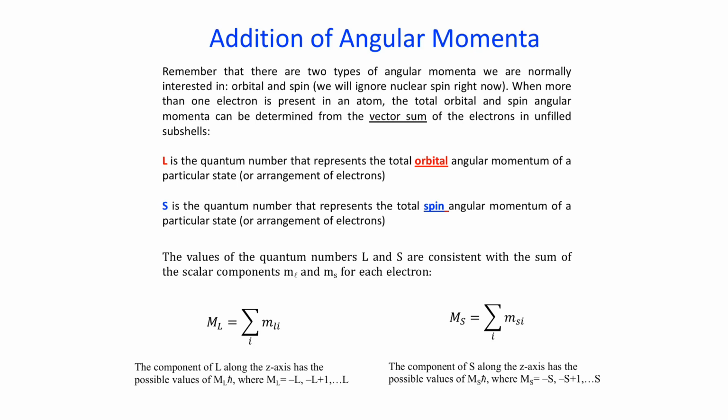Similarly for the total spin angular momentum, we get values of M sub S related to that quantum number that range from minus S to minus S plus 1 all the way up to S. These values may take on non-integer values here, and your M sub L's will generally be some sort of integer.